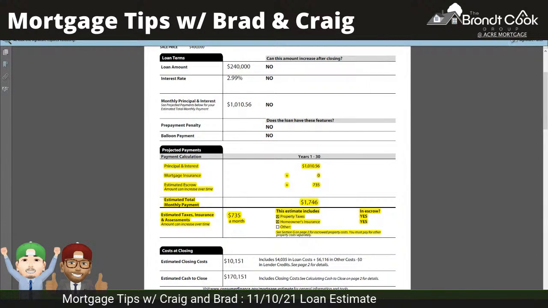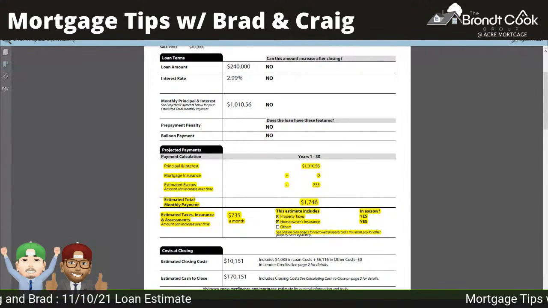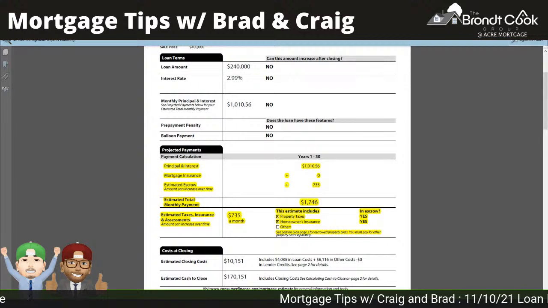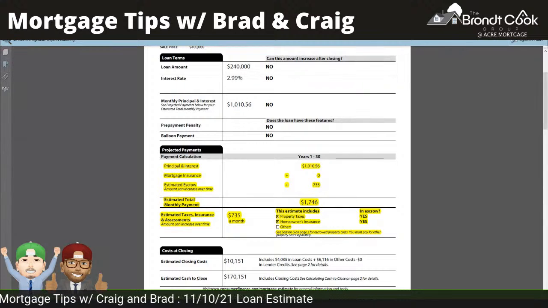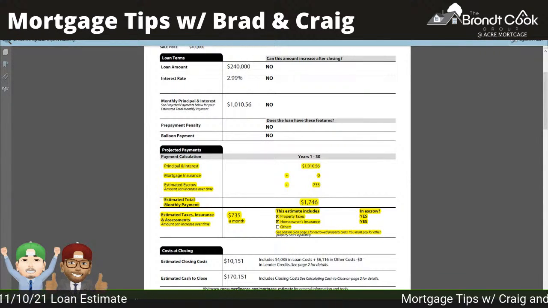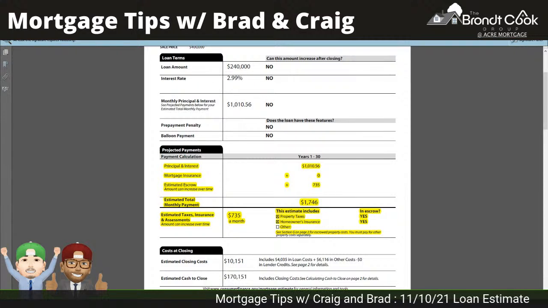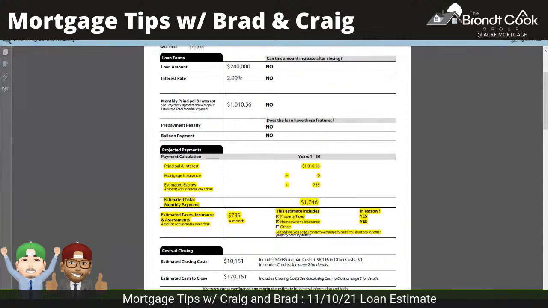So you're contributing 1/12 of the annual amount of property taxes or homeowners insurance every month as a part of that total estimated monthly payment. Then that escrow account is set up by the bank to pay those bills when they're due. Taxes and homeowners insurance in this situation.